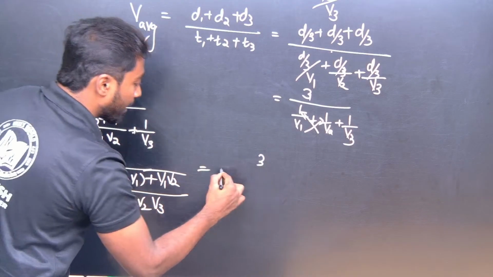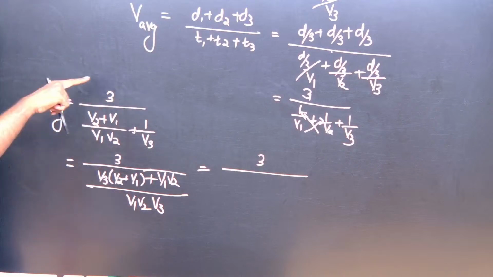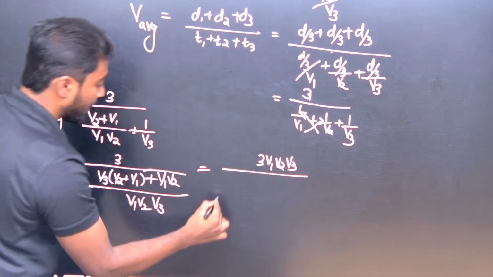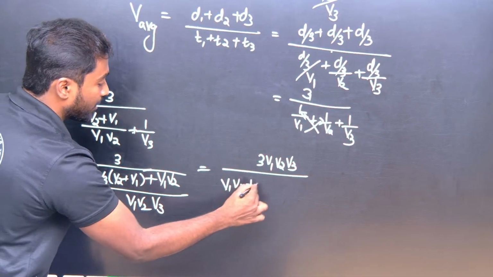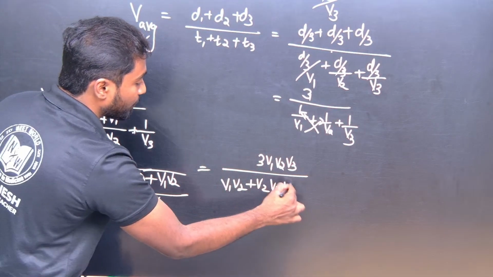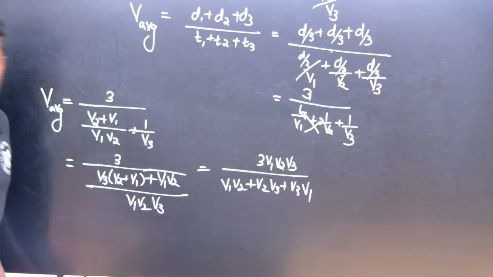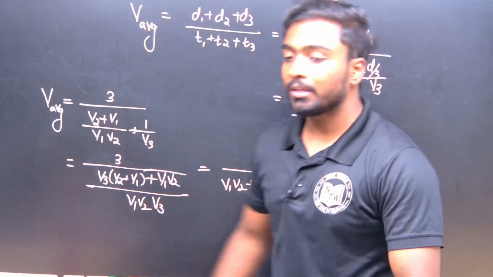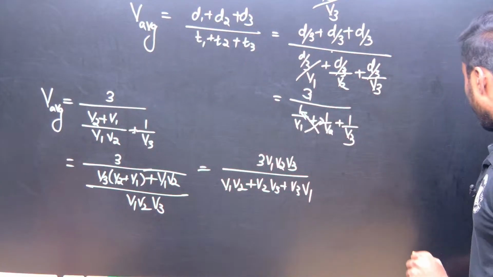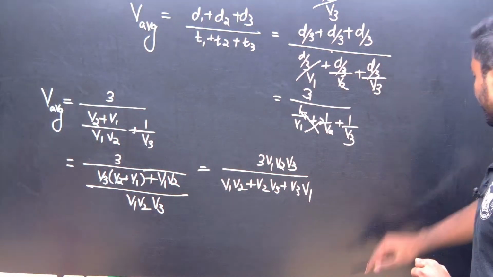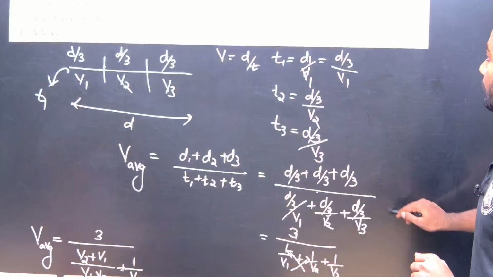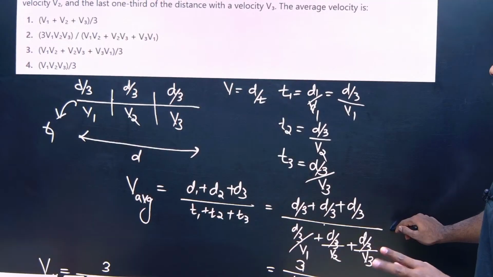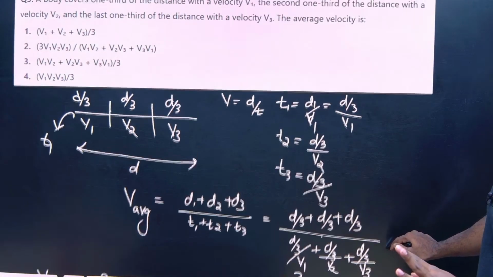Now 3 by, can I take this one to the numerator? 3 v1 v2 v3 by v1 v2 plus v2 v3 plus v3 v1, right? So this is my average velocity for the given question. Okay, so option 3 v1 v2 v3 by v1 v2 plus v2 v3 plus v3 v1.